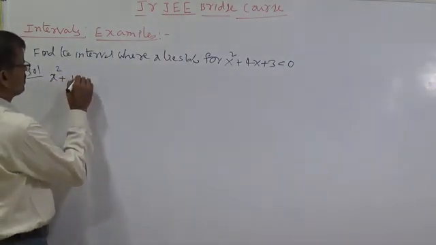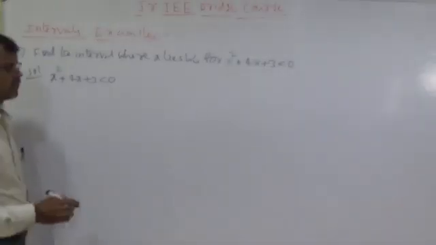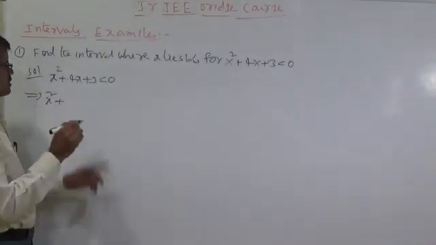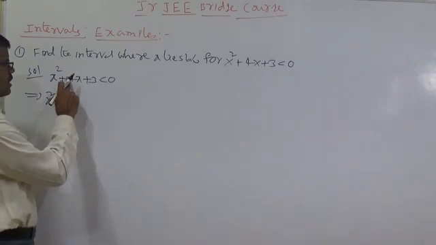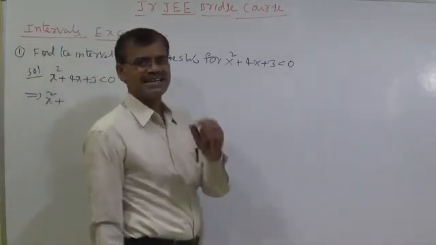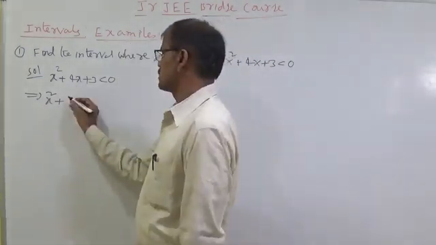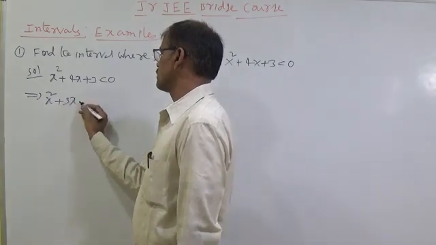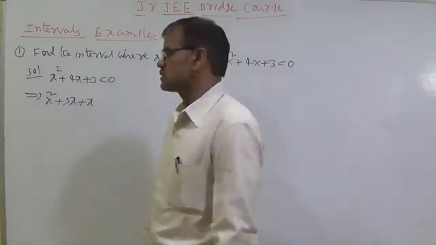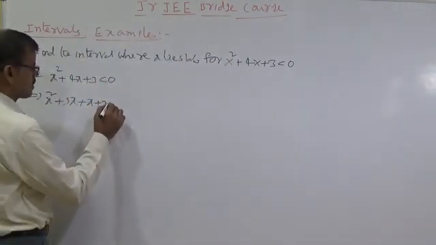You should write x square plus 4x plus 3 less than 0. That implies x square plus, by the quadratic equation method, splitting the middle term or factorization, 3 ones are 3, depending upon that concept. You should write the middle term 4x as 3x plus x. x square plus 3x plus x plus 3.